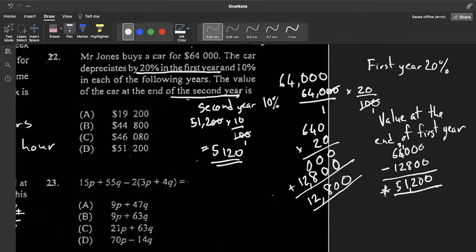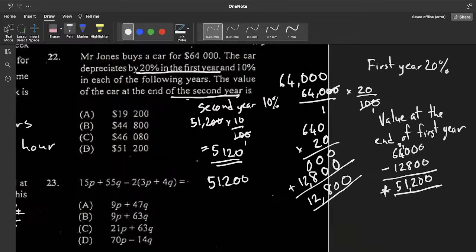Now what we need to do here to find our final answer is subtract this from the number that we had from the first year. So the first year, take away the deduction in the second year, would give us the value for the end of the second year.